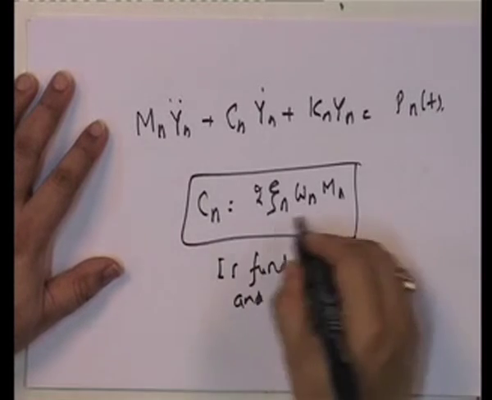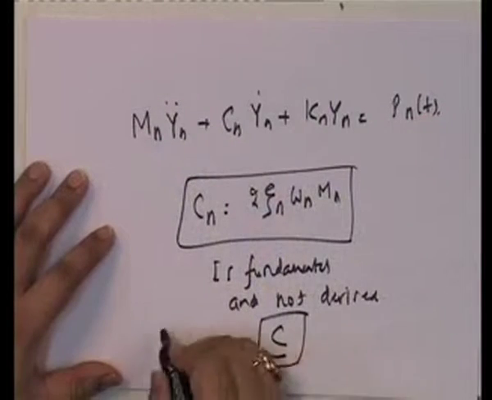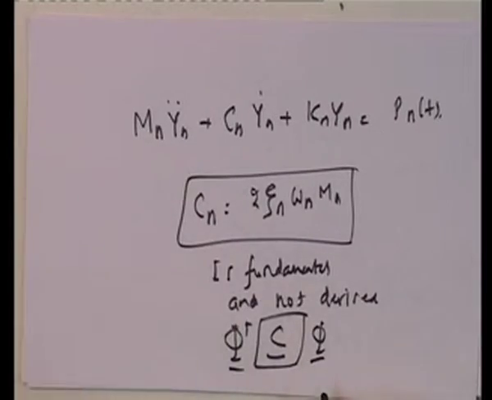What is to be derived is, given this, what is C? Now, you may well ask me why do I need to find out C? Please understand one thing: if you are using mode superposition for a damped system, you don't need to find out the C matrix. Why? Because you don't require it.